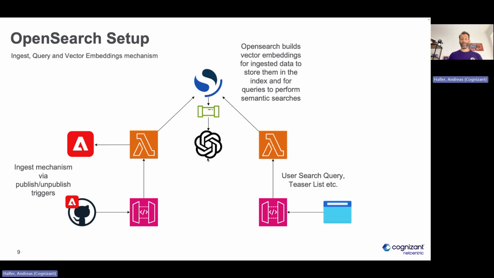We have an API gateway and a Lambda function, and when hitting the OpenSearch via query, it does basically the same as on ingest. It transforms our query term to a vector embedding and then searches with this embedding in the database, in the index.